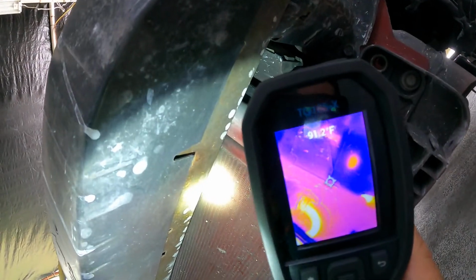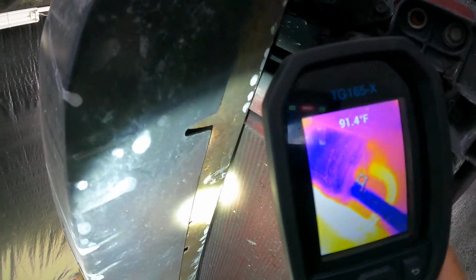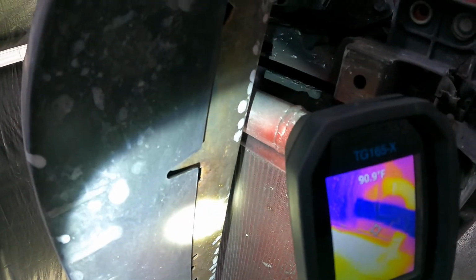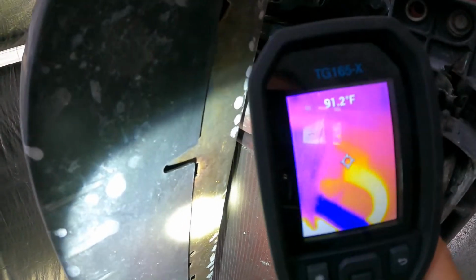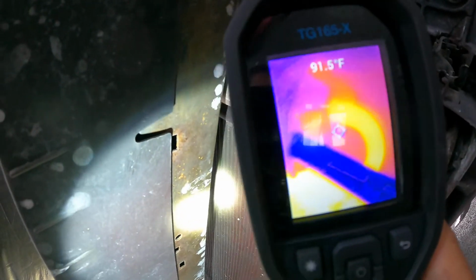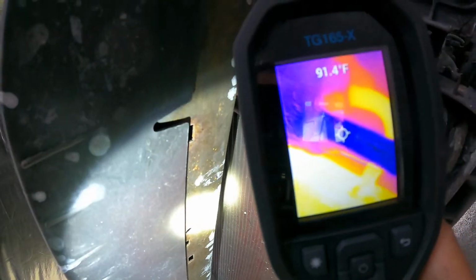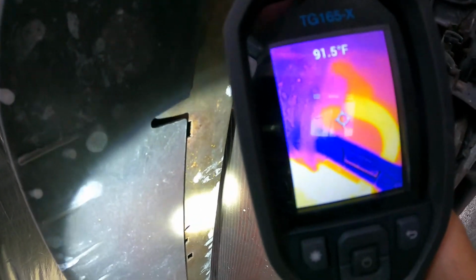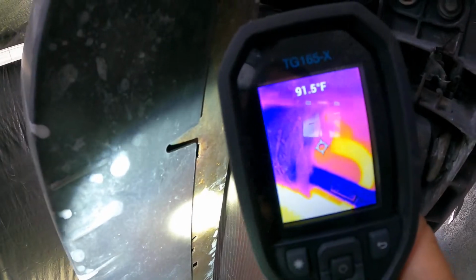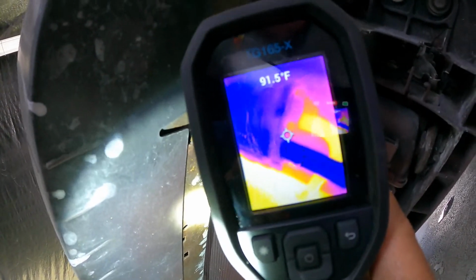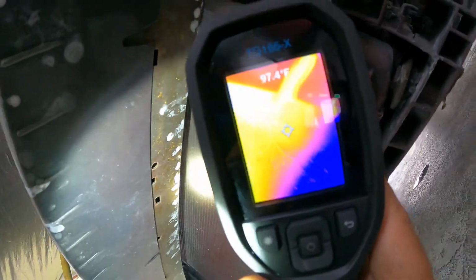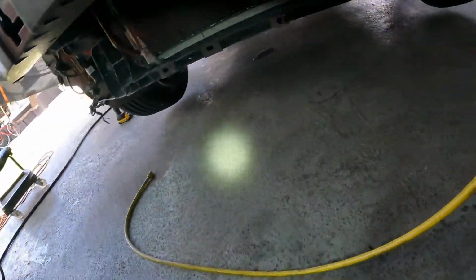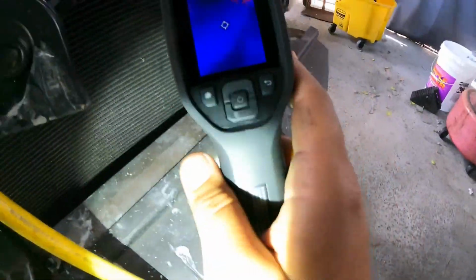And look at our receiver dryer. There's got to be a restriction in there. Got to be. So that's what I found interesting. Right there. Okay. There's got to be a restriction in the receiver dryer.